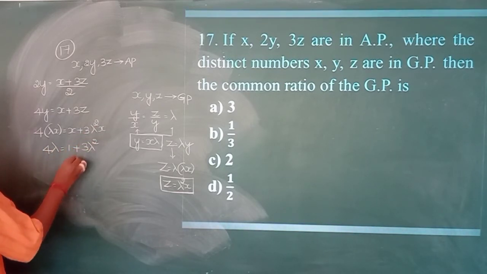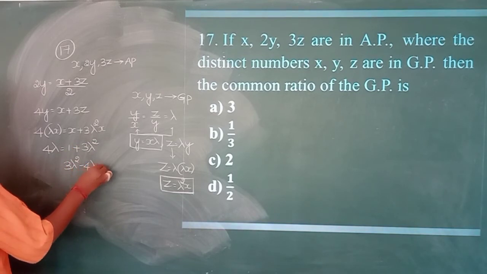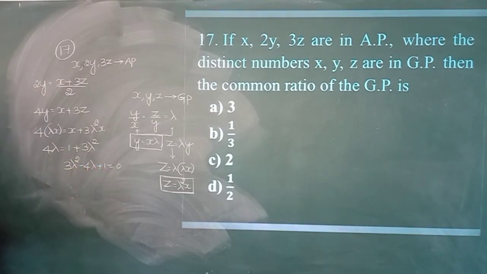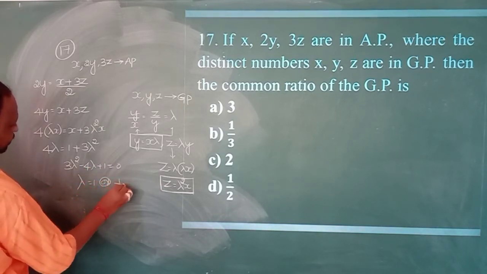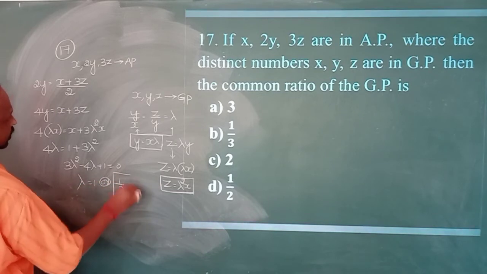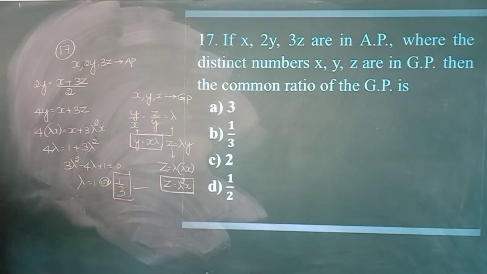So 3 lambda square minus 4 lambda plus 1 is equal to 0. So you will get lambda is equal to 1 or 1 by 3. So here 1 by 3 is the option. Common ratio 1 by 3.